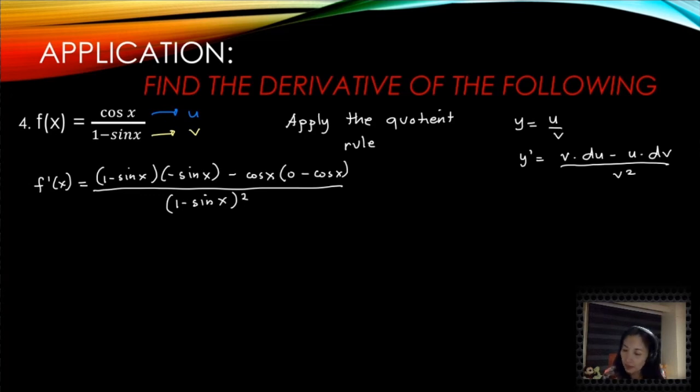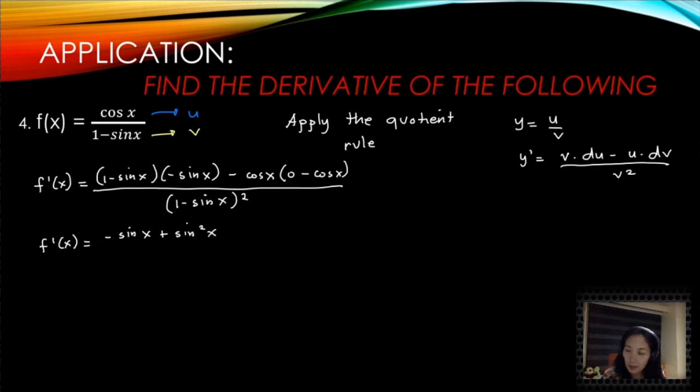Let's simplify further. f prime of x is equal to, when you multiply, what do you get? A negative sine x. Then negative sine x times negative sine x, what's the product? It will be plus sine squared x.